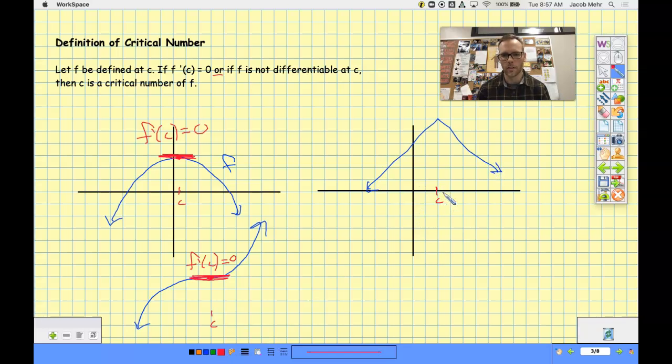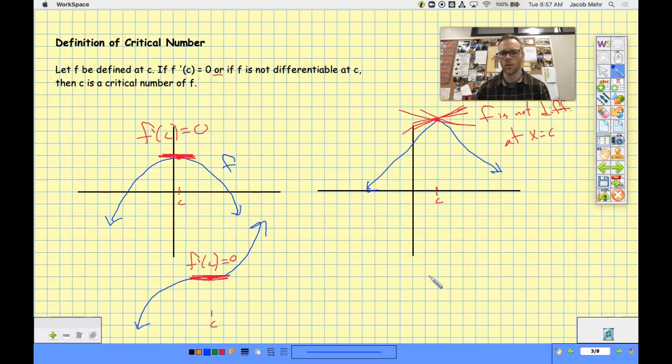Right here, f is not differentiable at x equals c, right? There are all these different slopes of tangent lines that we could draw. It's not differentiable. But again, notice it ends up being a maximum in this graph. It could be a minimum if I flip that V upside down.